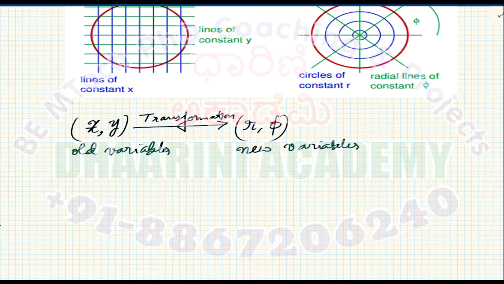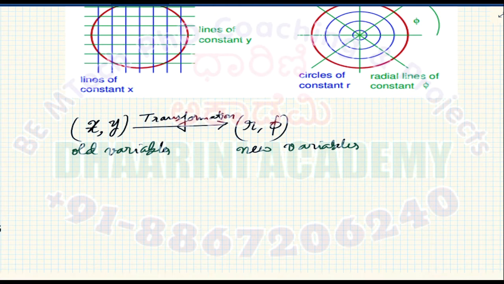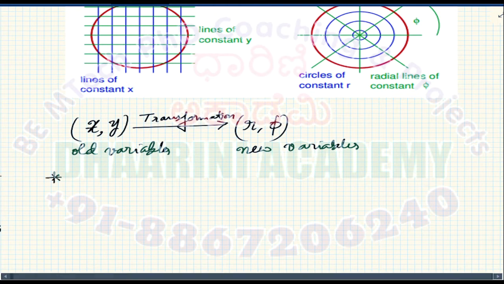So overall, we have three requirements here. The first requirement: whenever we want to change x, y to a new set of variables, here I have denoted as r, phi, the first objective is we are supposed to choose a new variable, one or more variables.